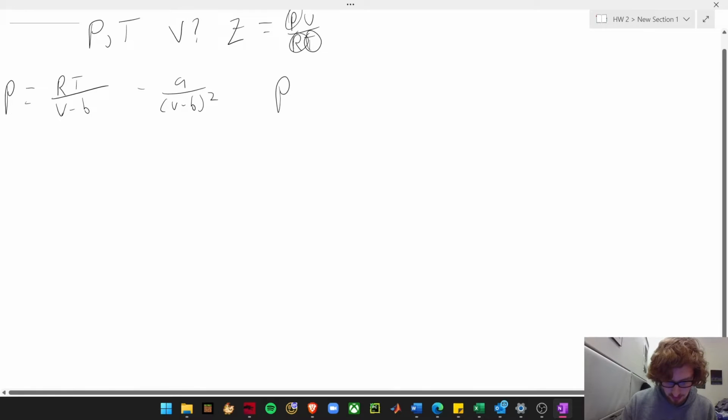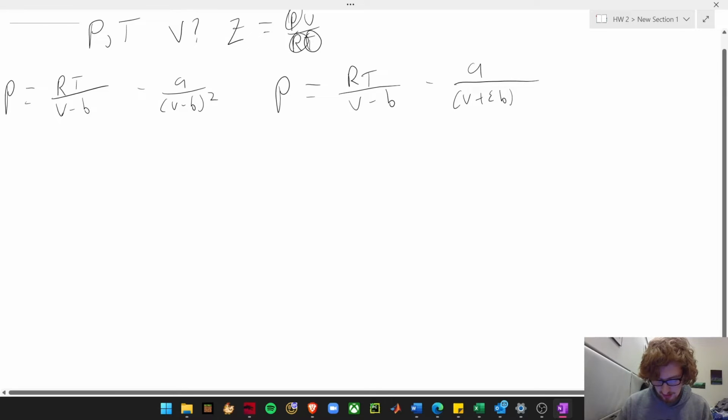So we have P equals RT, but this time we're going to add in, well, not in this term, that term remains the same, but we're going to add in two constants, one of which is going to be epsilon, and the other is going to be sigma.